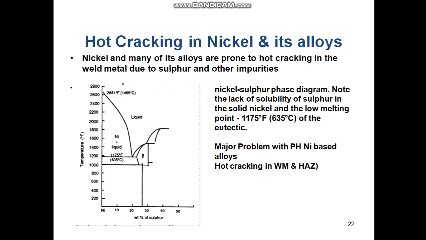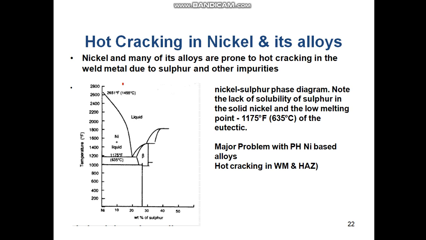So, hot cracking in nickel and nickel alloys. You will see from this graph that nickel and many of its alloys are prone to hot cracking in the weld metal due to sulfur and other impurities. What do you see in this graph? At 635 degrees Celsius there is a lack of solubility of sulfur, and it forms a eutectic at this temperature, 635 degrees Celsius, right?